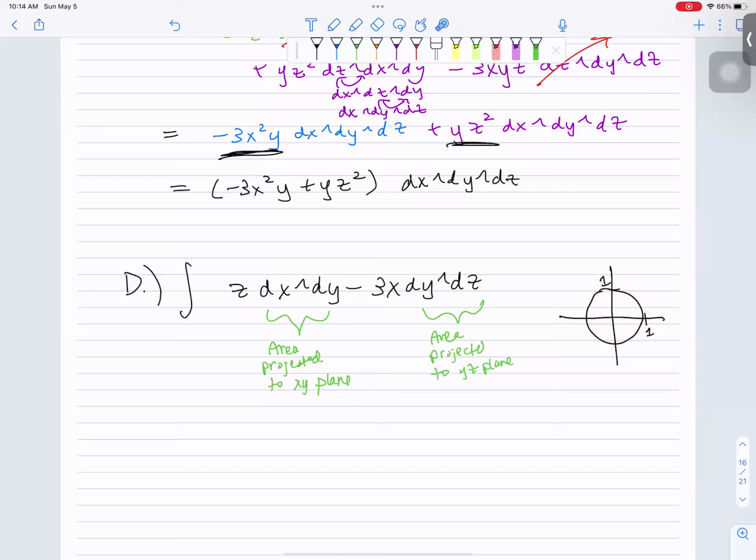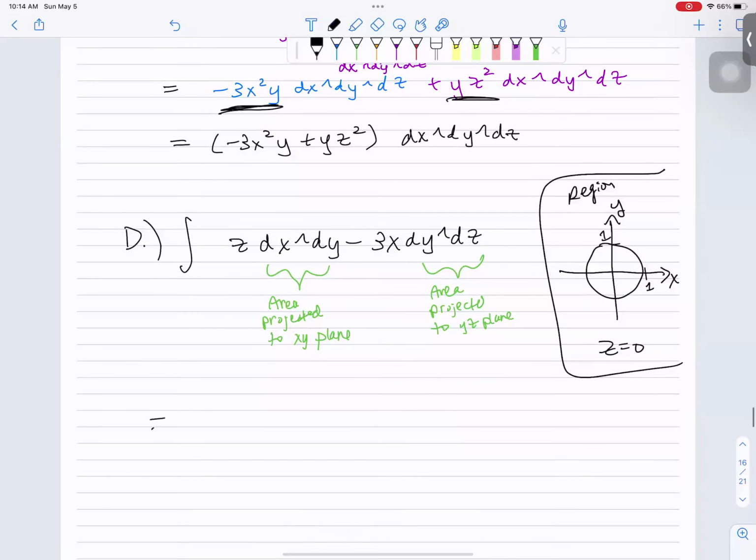What does that mean for z? If I'm only in the xy plane, that means z is 0 always. I only have a unit disk in the xy plane, so z is 0. So when I plug in a parameterization, whatever parameterization I choose, the z here would be 0 times whatever area projected to the xy plane.